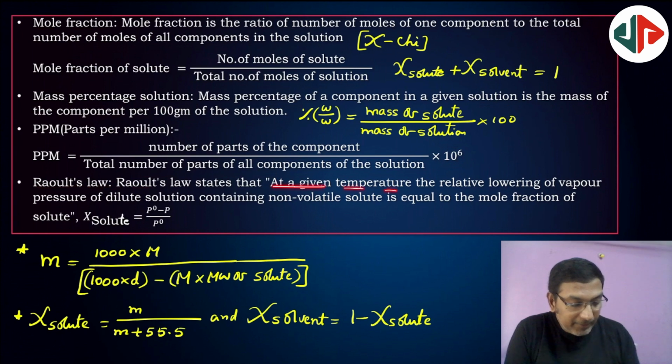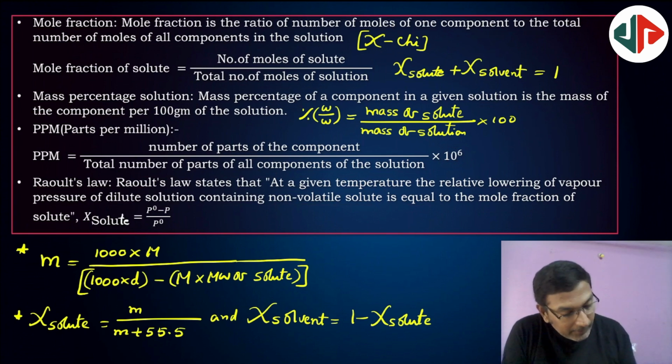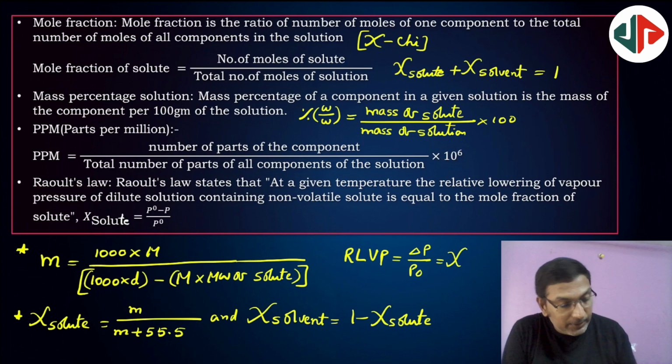At a given temperature, the relative lowering of vapor pressure of dilute solution containing non-volatile solute is equal to mole fraction of solute. Very, very important. That means simply you can write relative lowering of vapor pressure or RLVP, delta P by P naught equal to mole fraction of solute.